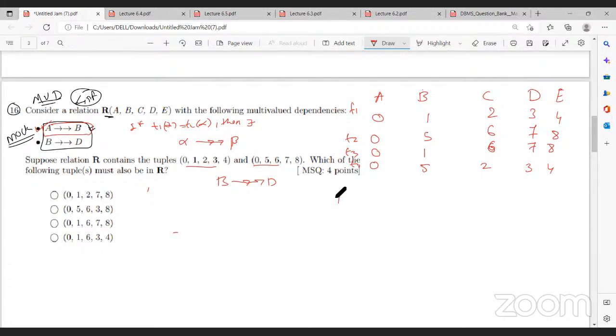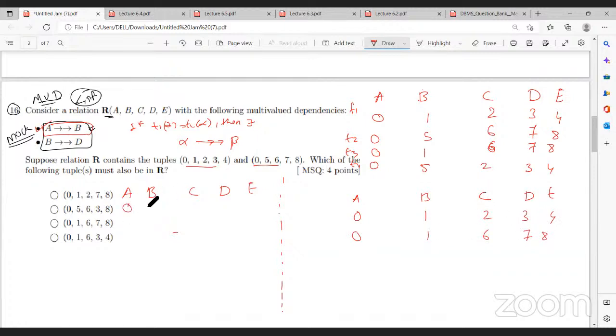So what I will do, wait. I will write A, B, C, D, E, and I will write A, B, C, D, E. So here 0, I will consider 1 first. 1, 2, 3, 4, 0, 1, 6, 7, 8.